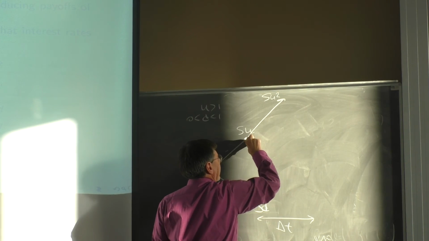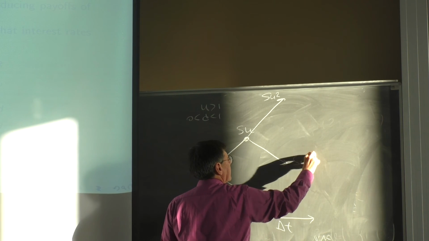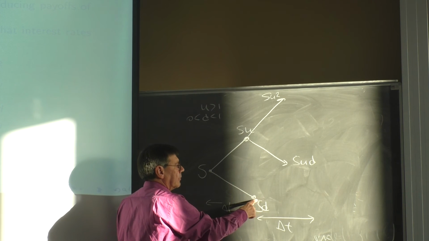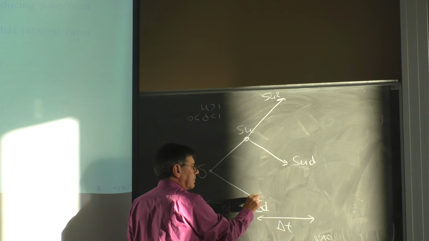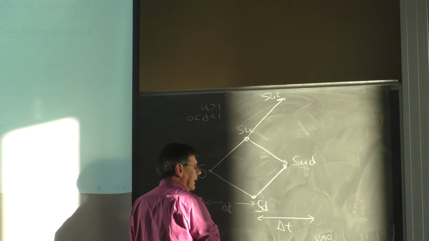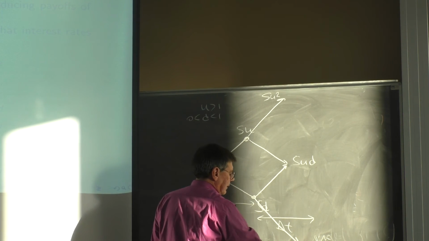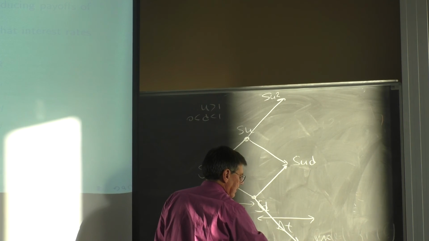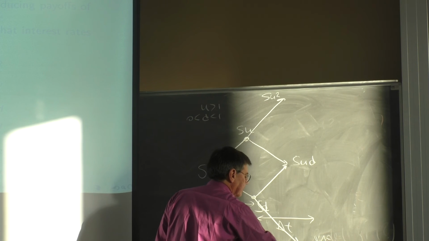Or it can go down by a factor of d, and now it's going to be S times u times d. And the same thing from here. So the underlying asset price can go up by a factor of u, in which case we find ourselves in the same state of the world here, or it can go down by a factor of d, and then we find ourselves here with an underlying asset price of S times d squared.